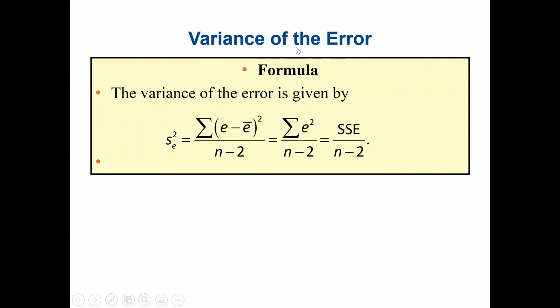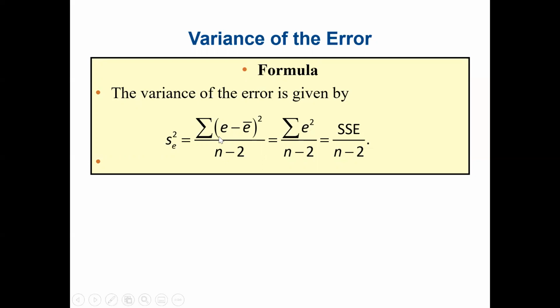Again, the main purpose of the variance of error is to know the variation of error in the data set. So the formula is almost the same as finding the variance in a data set. Here, E will stand for each data error of Y. From our previous lecture, E equals Y, which is the actual observed value of Y, minus the predicted Y, which is Y caret.